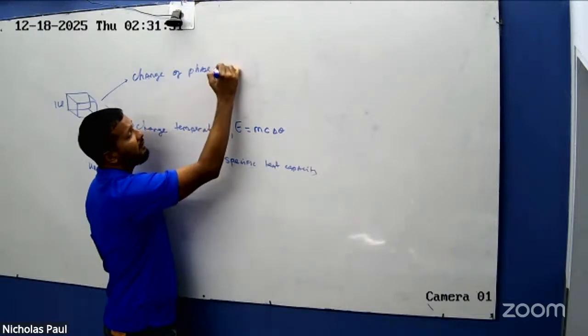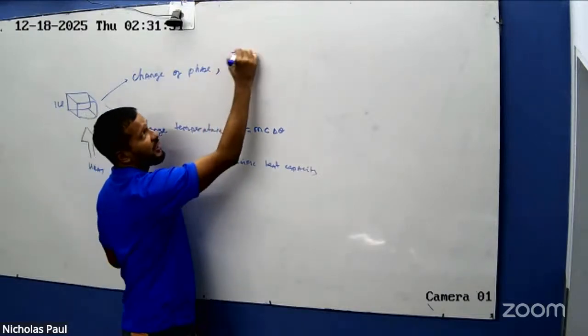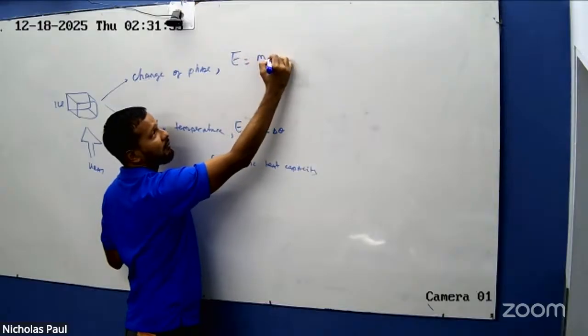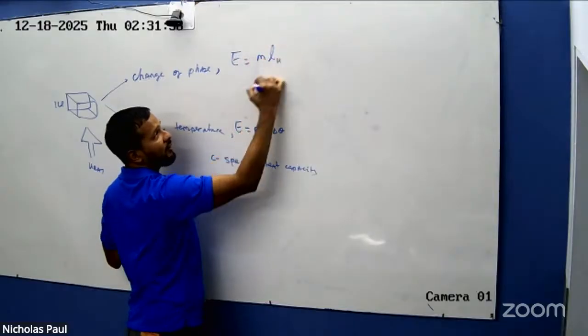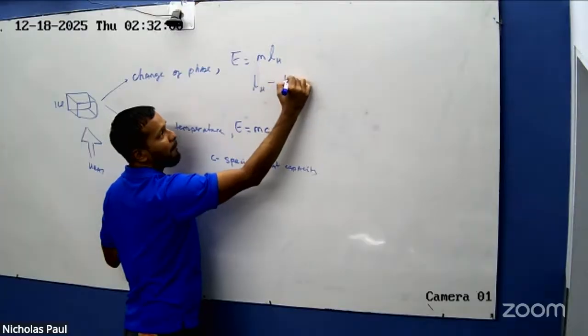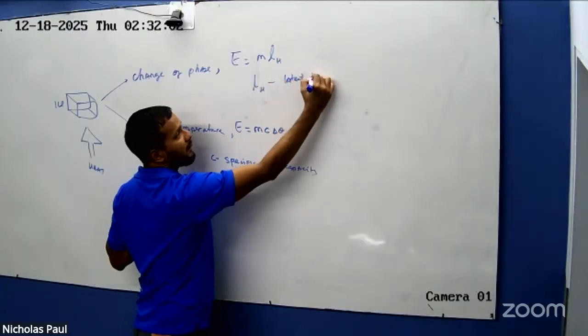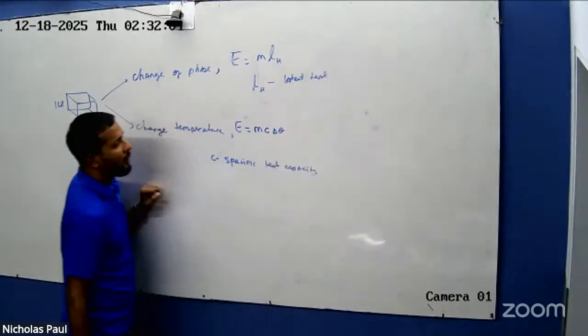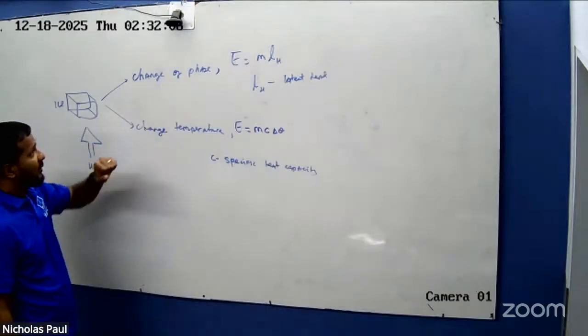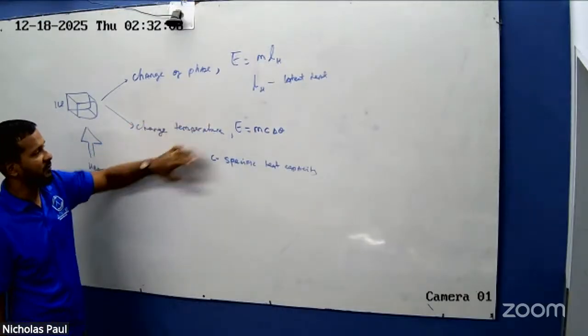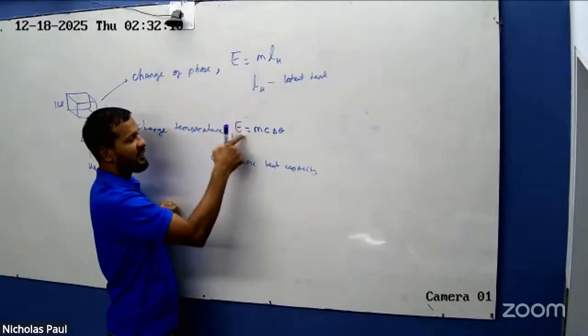And if something underwent a phase change, the energy is equal to mL_H, where L_H is your latent heat. So this is what we use: phase change, temperature change.